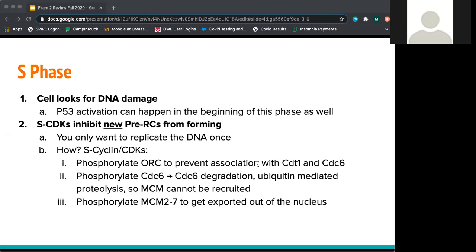So once CDC6 is phosphorylated, there's CDC6 degradation by ubiquitin-mediated proteolysis, and then MCM can't be recruited. And then once MCM can't be recruited, it would be exported out of the nucleus. So all of these things combined would keep the pre-RCs from forming that complex and forming a new origin of replication.